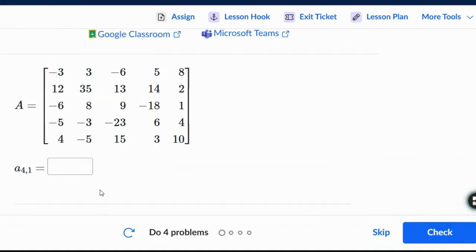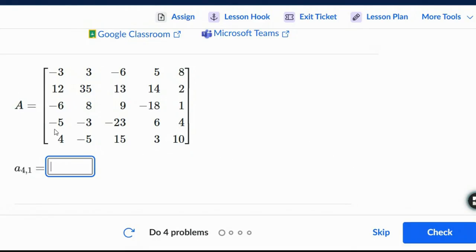Which one is A4, 1? All right, what number are we typing in here? Plenty of numbers to choose from, folks. But only one of them is correct. So if we look at 4, 1, that means we need to look at the 4th row. 1, 2, 3, 4.